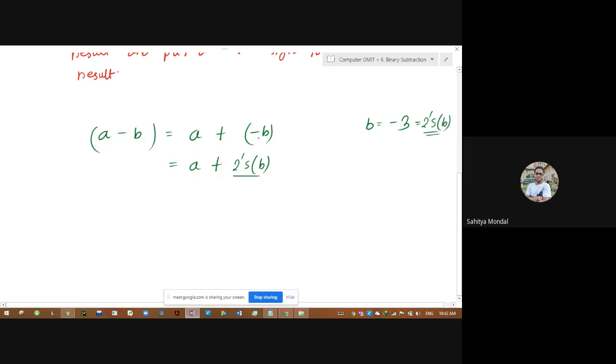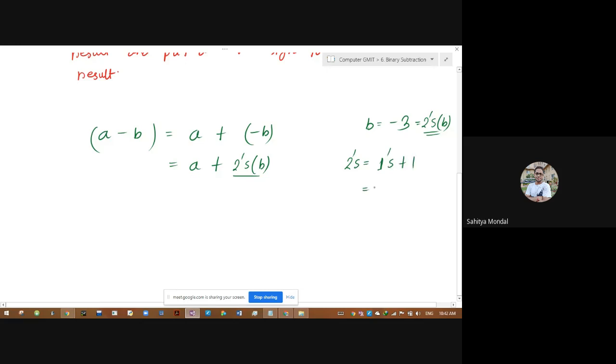So what is my idea? My idea is to not do the subtraction. My idea is to do the addition, but before the addition proceeds, I need to make the 2's complement of b, which will produce the minus b. So actually we are going to add a plus minus of b. So what is 2's complement? 2's complement is equal to 1's complement plus 1.